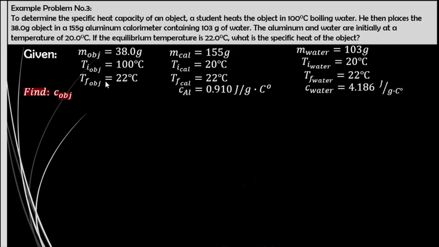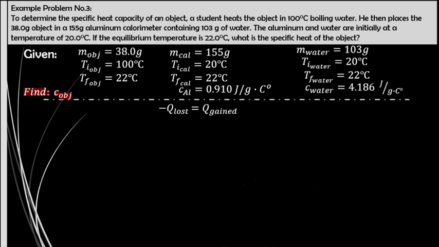And we are asked to look for the specific heat capacity of our object, or C of the object. Since we are given three substances here, we will start with our formula, negative Q lost is equal to Q gained. Out of the three substances, we will identify which substance will lose heat and which substances will gain heat by checking their initial temperature.